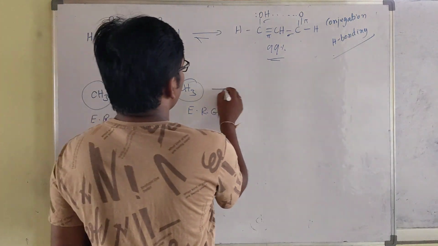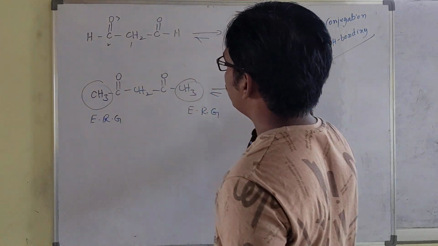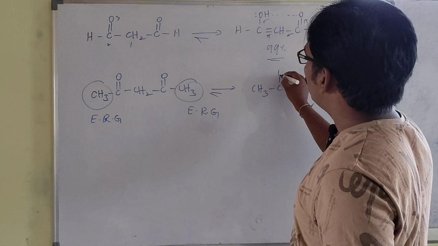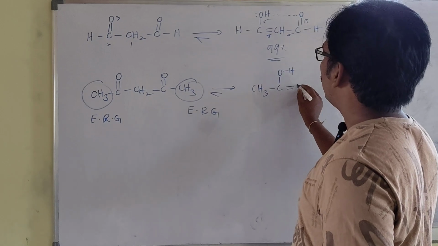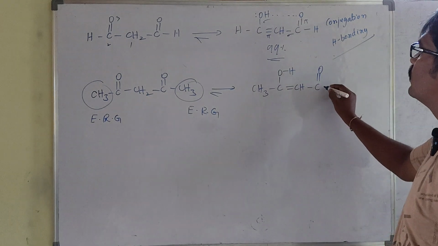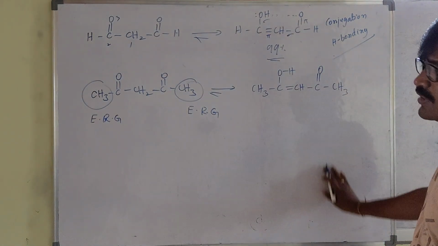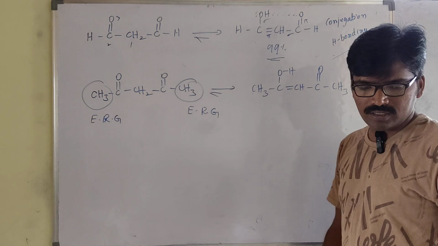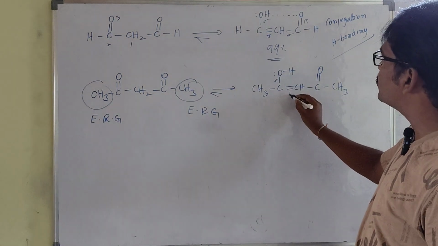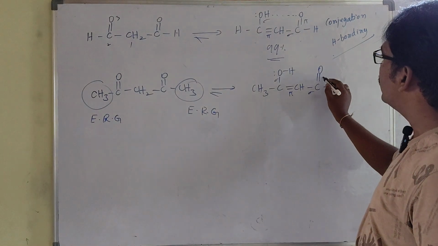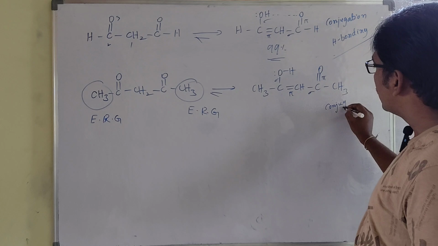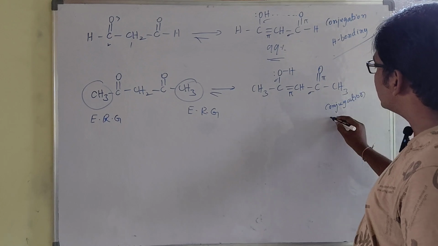Sir, if you write the enol content in it, for example, CH3, then C(OH), double bond, CH, bond C double bond O, CH3. If you observe in this enol, there is a sigma bond, a lone pair of electrons, a pi bond, and conjugation is there, as well as hydrogen bonding.